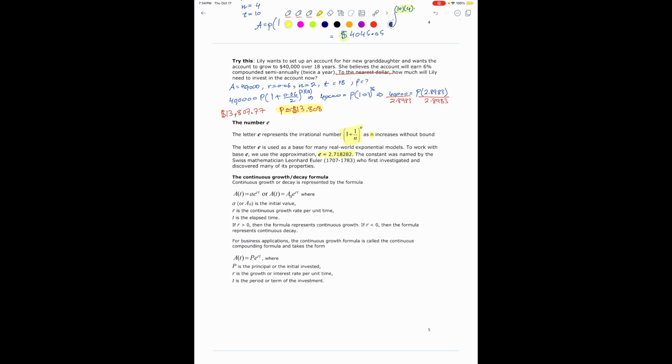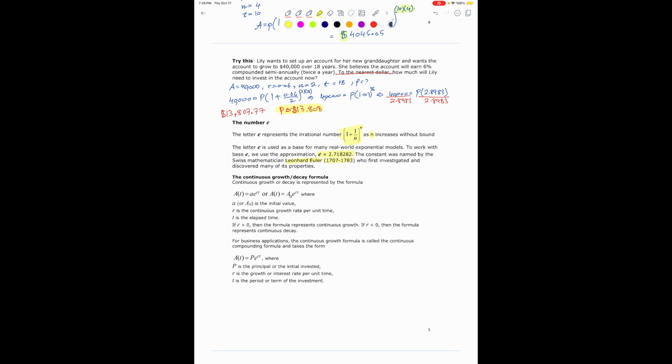The letter e is used as a base for many real-world exponential models. To work with the base e, we use the approximation e equals 2.718282. The constant was named by the Swiss mathematician Leonhard Euler, who first investigated and discovered many of its properties.